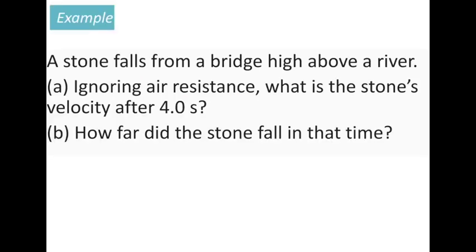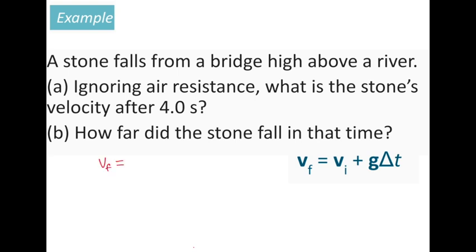A stone falls from a bridge high above a river, ignoring air resistance. What is the stone's velocity after 4 seconds? Velocity after 4 seconds. So we need final velocity. So we're searching for that. We are looking for final velocity. We need to plug in what we know.